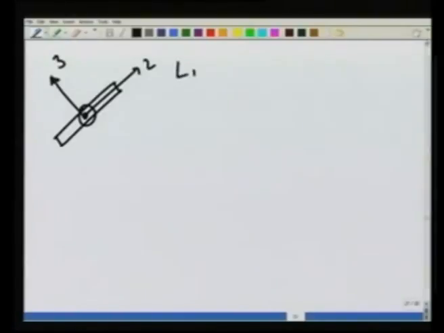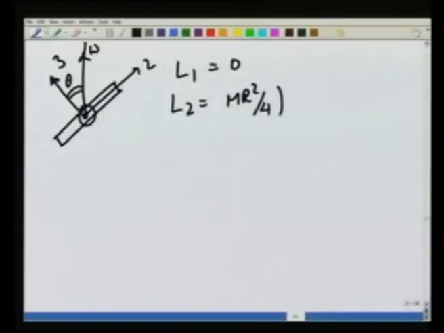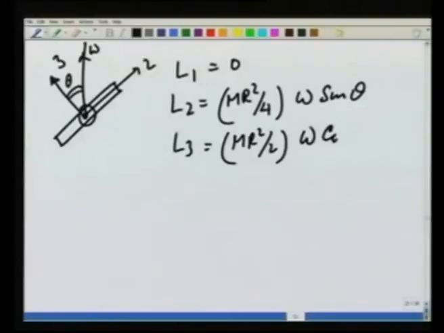Let me make it again. At this point 1 is coming out, 3 is like this, L1 we saw is 0, this is omega, this is theta, L2 is m r square over 4 omega sin theta, L3 is m r square by 2 omega cosine of theta.